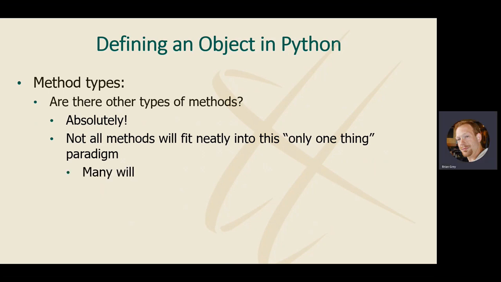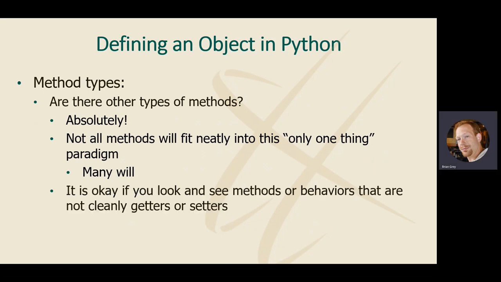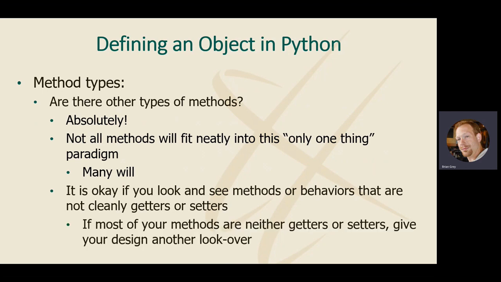Now, having said that, many will be cleanly getters or setters. If you are doing a decent object-oriented design and programming implementation, I will tell you that you will have a lot of methods that are not cleanly getters or setters. But having said that, if you get done with your object implementation and you look at it and most of your methods are neither getters or setters, give your design another look.